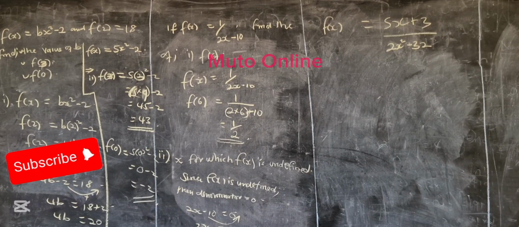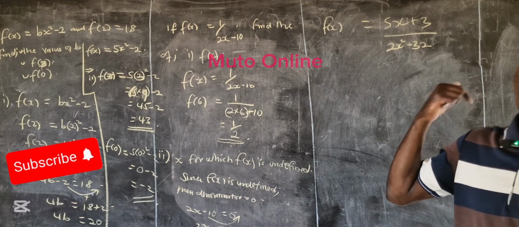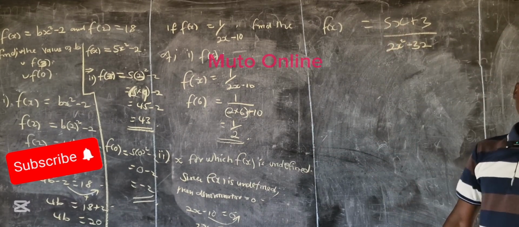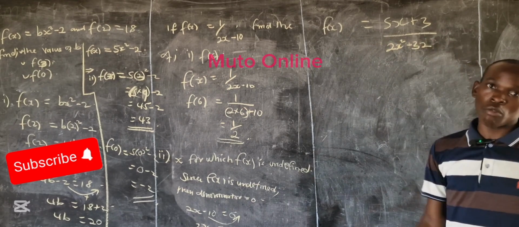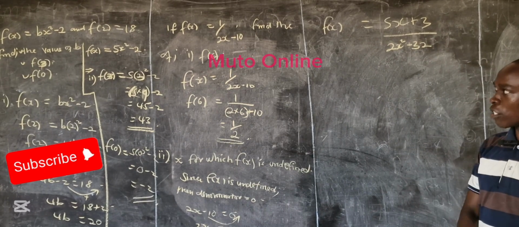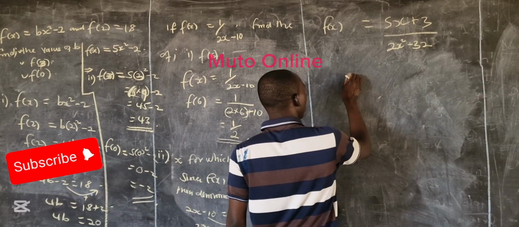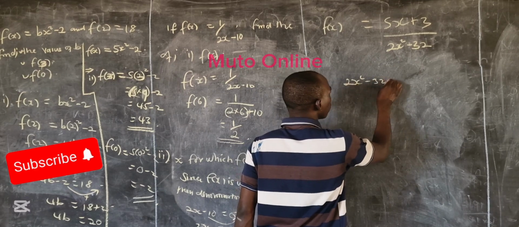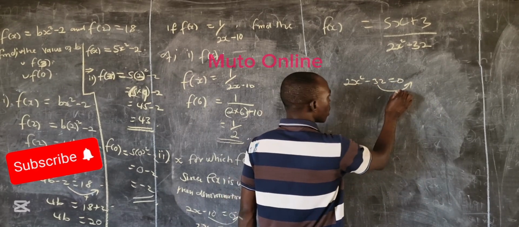The moment they talk about a meaningless function, we don't bother so much about what is in the numerator part of it. So this numerator, we don't pay attention to it. What we do, we just put our emphasis on the denominator, that for meaningless or undefined functions, the denominator is equal to 0. So to find the values of x, we shall simply say 2x squared minus 32 is equal to 0, because for meaningless functions, the denominator is equal to 0.